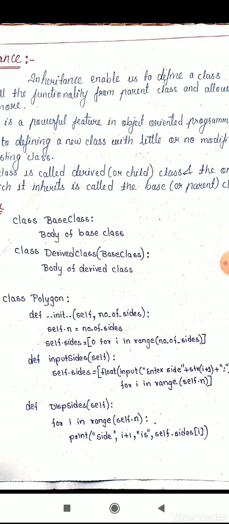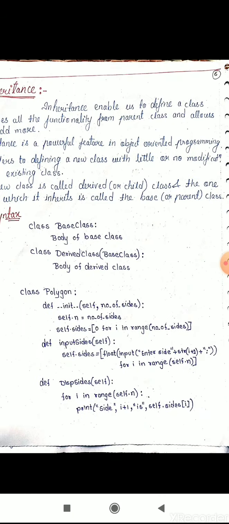Now with this input sides method, I am trying to take the length of the side. So self.sides is equal to float, because whatever value I take, Python by default gives me as a string. I want to convert that string into float, so that's why I have written float here. In brackets, again the input function.